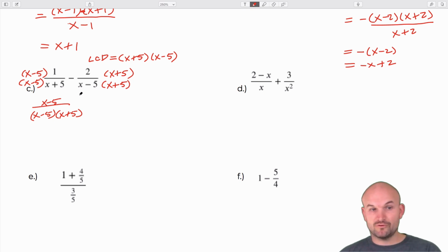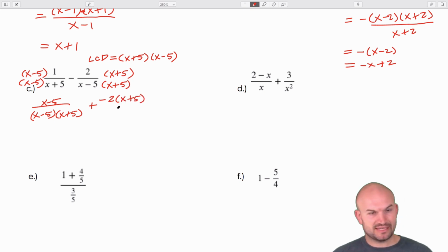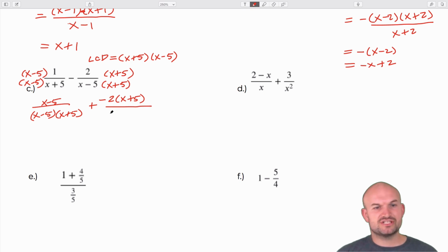Now be very careful and remember this is a negative 2, right? So what I'm going to do is rewrite this subtraction as an addition problem. So I'm going to rewrite this as a positive, negative 2 times x plus 5. Subtracting and adding a negative is the same thing, but this just allows me to go ahead with x minus 5 times x plus 5. Now I can apply this division here.